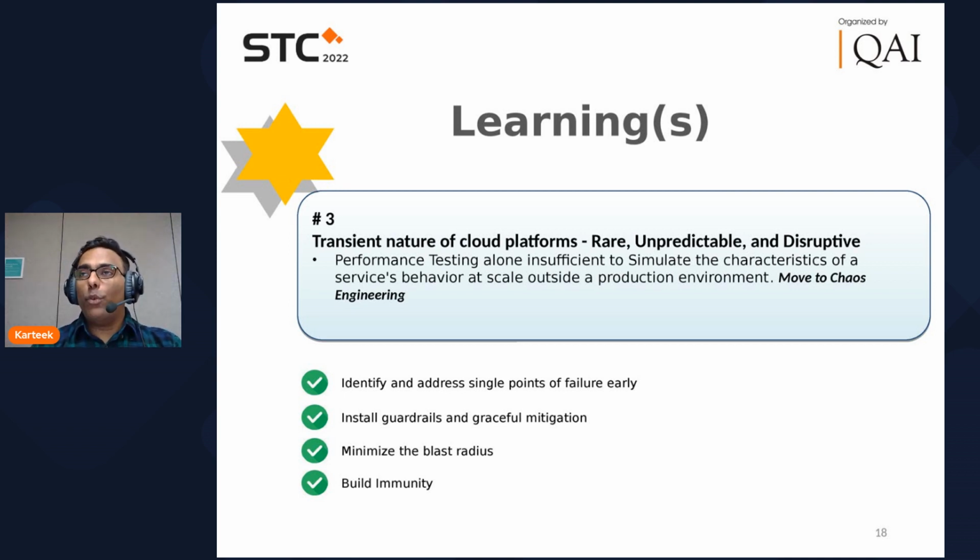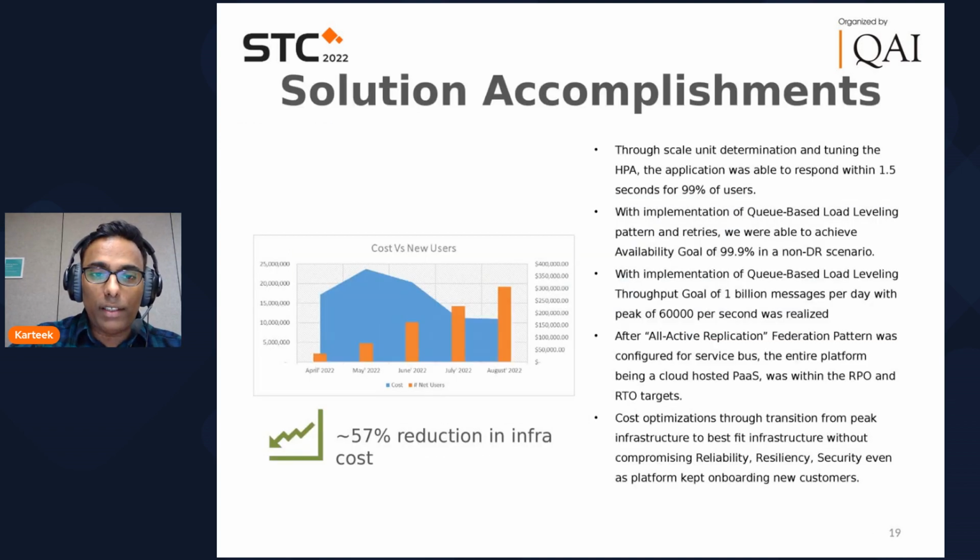Just by doing performance testing or capacity planning in a traditional manner, we won't be able to gauge or meet the requirements that can happen on cloud. So we have to do chaos testing and engineering along with it, where our performance tests simulate or mimic a traditional user acting on the system.